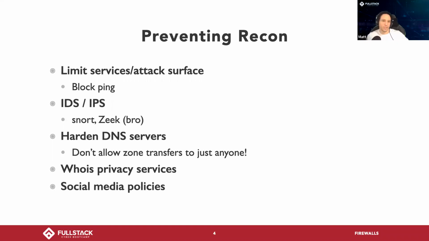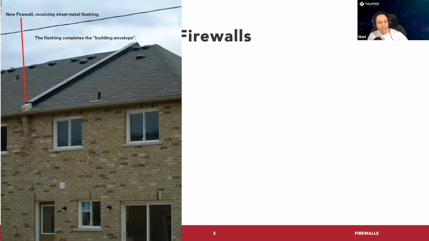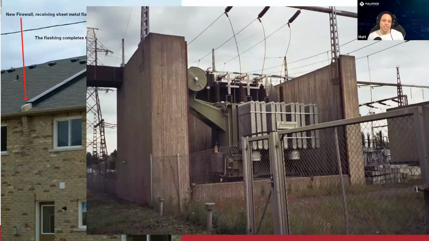Cool. All right, so let's get to actual firewalls now. The term firewall comes from physical barriers that would literally stop fires. Right here, if we're looking at this building, you see there's a wall between these two residences, and this is literally a firewall. Again, you have this power plant system with a giant wall around it, and it is literally a firewall.